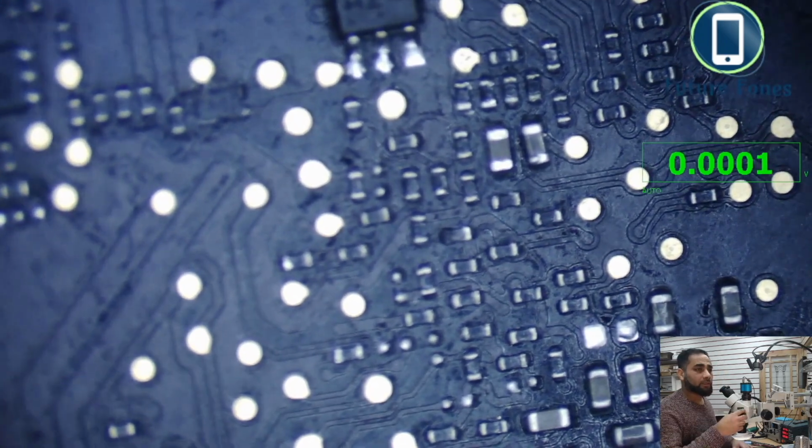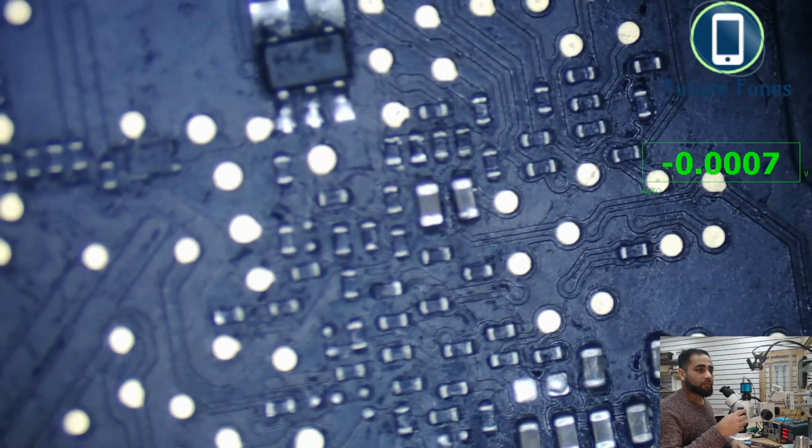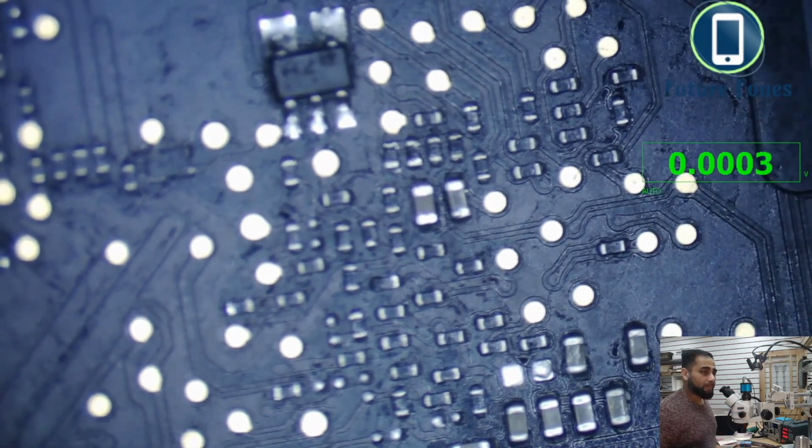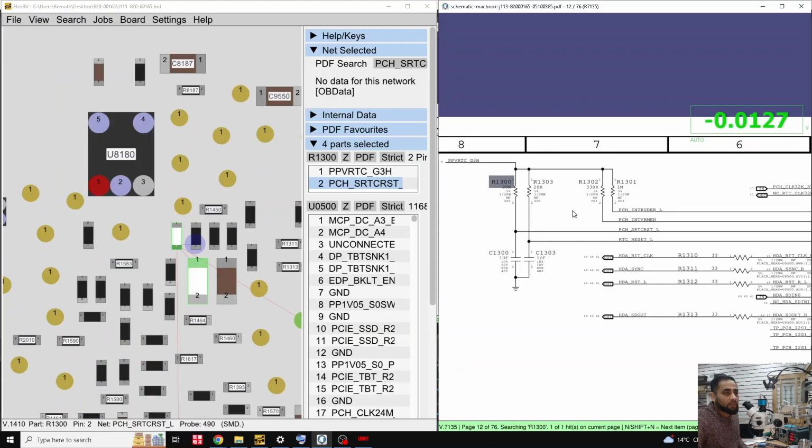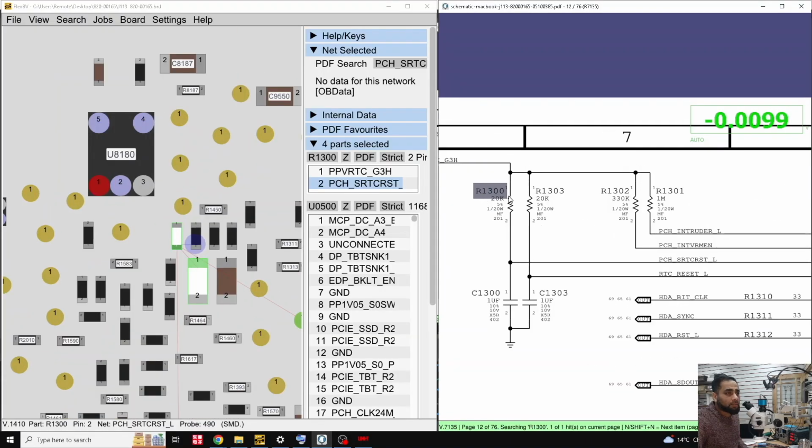So RTC signal is 3.3 volt, and there are 4 of these resistors: R1300, R1303, R1302, and R1301.